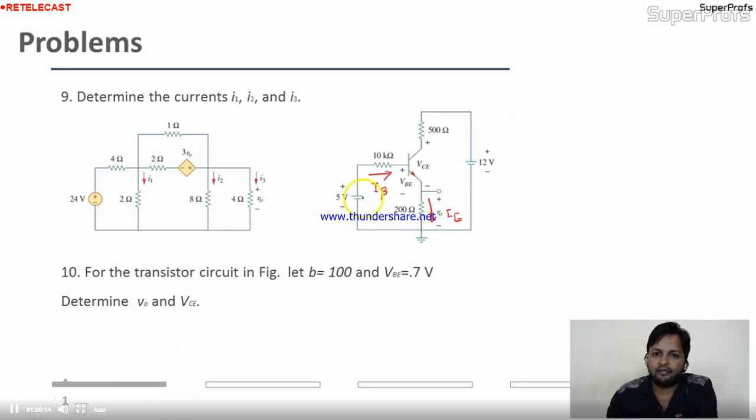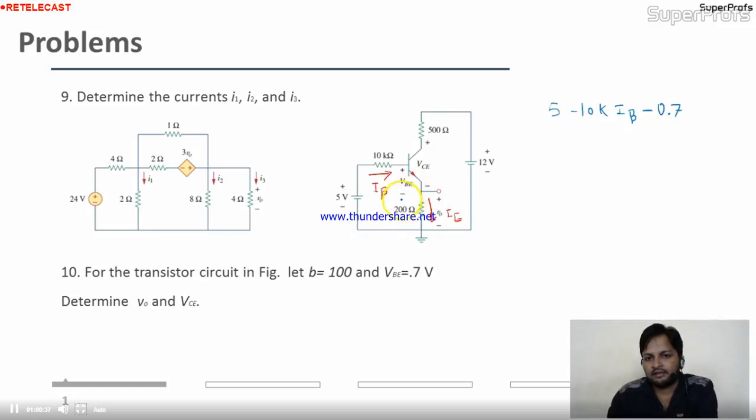Apply KVL over here: 5 minus 10k times IB, plus VBE is given. This drop is given in the question as 0.7, and the sign will be minus 0.7. Why minus?